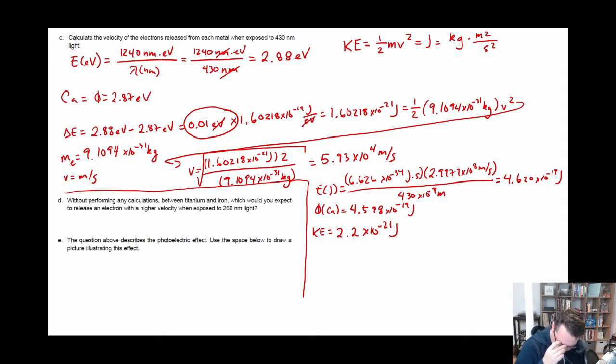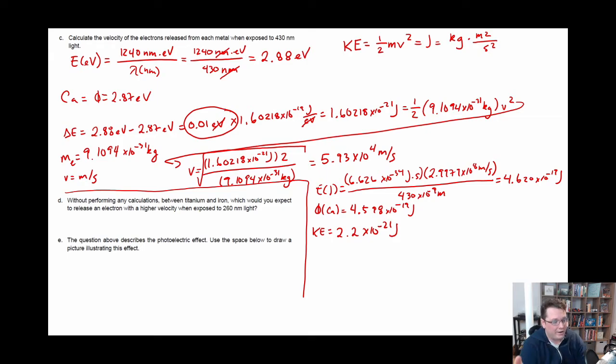Right, so we have that, and that's probably where the discrepancy and the difference is coming from. Because the kinetic energy that I had gotten up here, where I had simply done the electron volt difference, was a difference of 0.01 electron volts, which if you convert that into joules comes out to 1.60218 times 10 to the negative 21 joules.